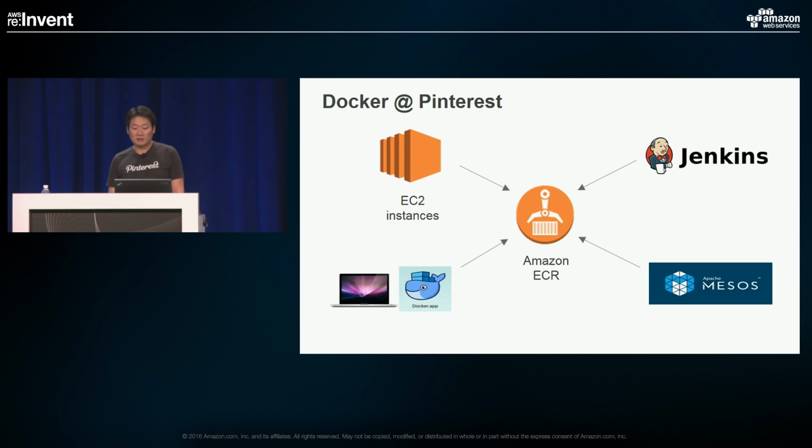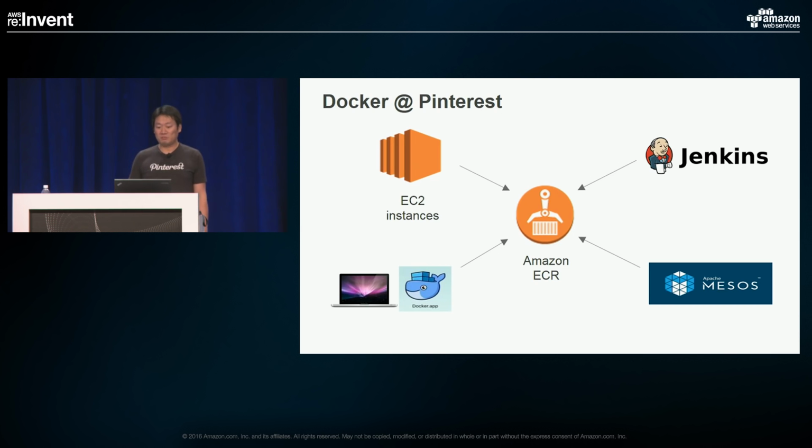So the first thing when I started working on Docker at Pinterest was to find a reliable registry solution. We picked ECR because of several reasons. The first one is I don't want to run or maintain our own registry because it takes effort to run it stable and reliable and keep it upgraded to stay compatible with the Docker client.